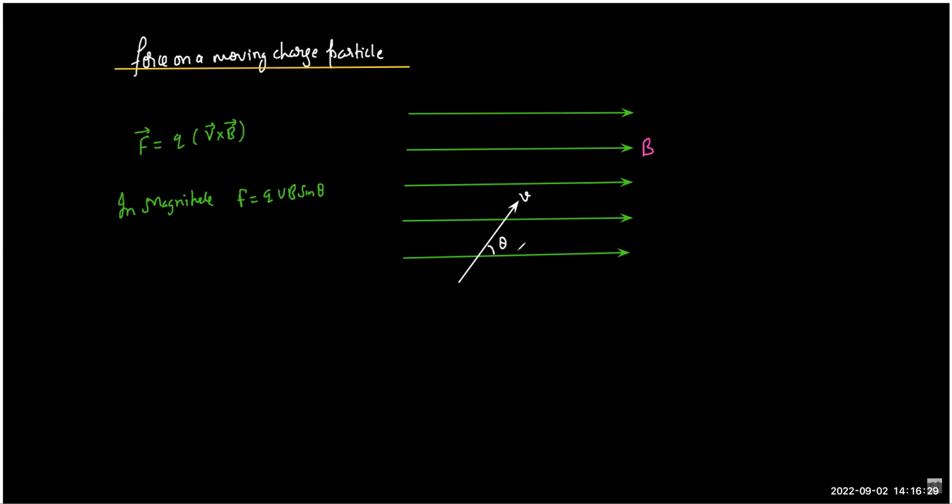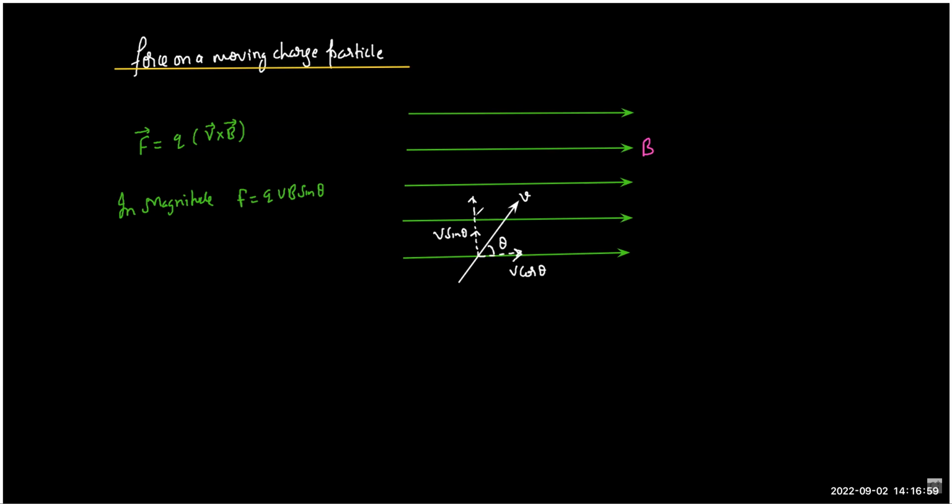The velocity will have two components, one parallel to the field lines, which is V cos theta, and another, V sin theta. The whole idea is that the rate at which you intercept the field lines gives a proportional value of the force acting on the charged particle.